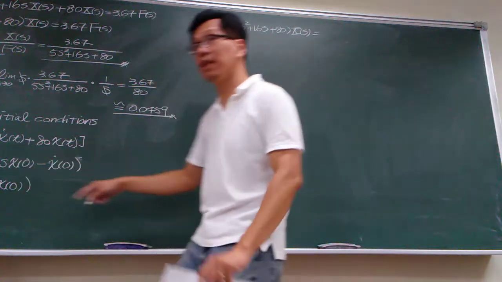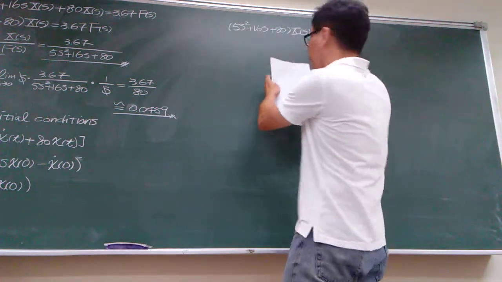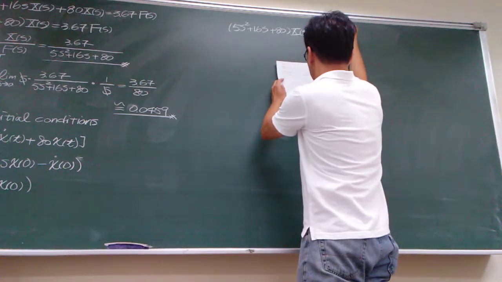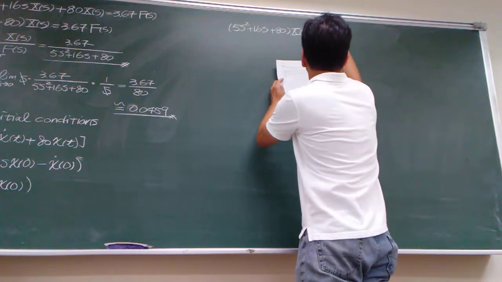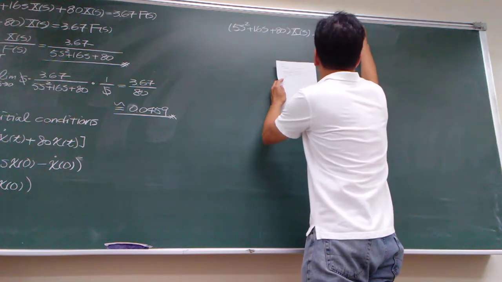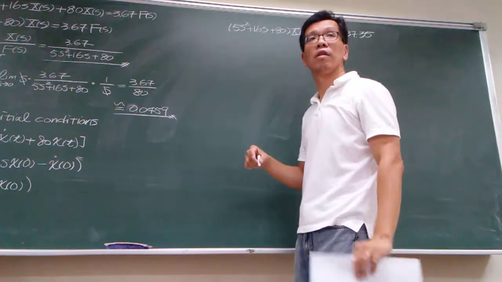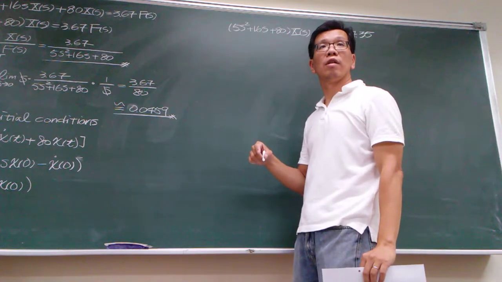So if you combine everything all together and put it to the other side, it is going to be 5 s plus 37.31. Any question?